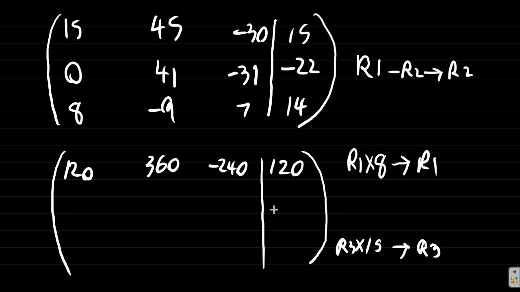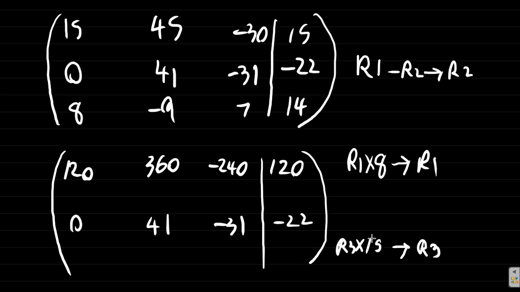Alright, that's our new row 1. Row 2 will not change. So we keep row 2 as it is, 0, 41, negative 31, negative 22. See that? Row 3, we want to change row 3.